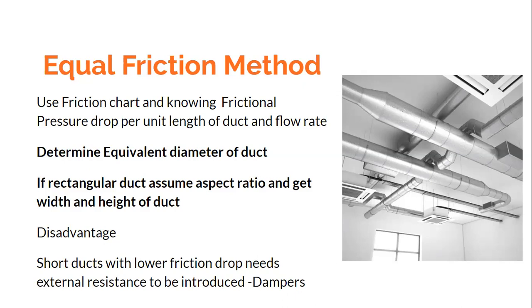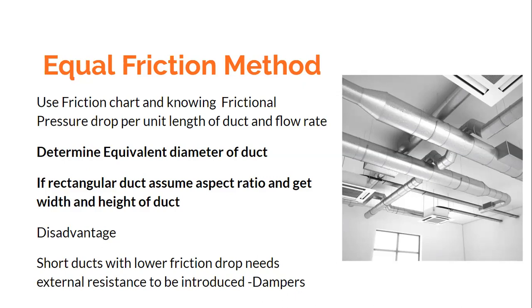Now, if we want to balance the system, if you want to maintain the velocity and flow rate properly in the system, it's called balancing, then we need to keep that resistance constant. And for that, we need to introduce external resistance in the circuit. External resistance means we need to put in dampers.